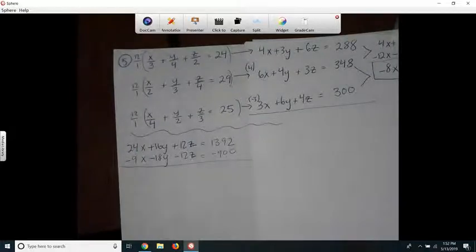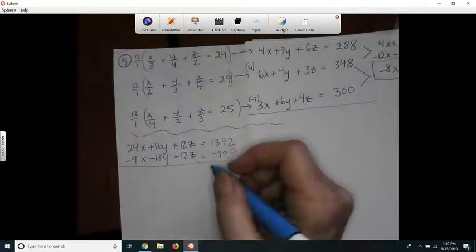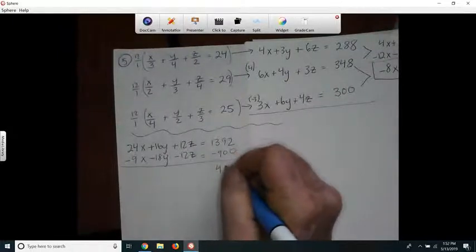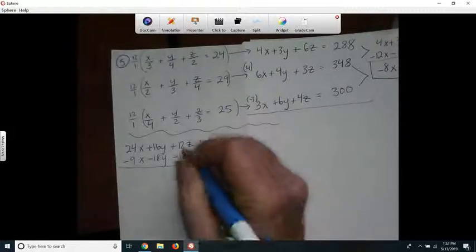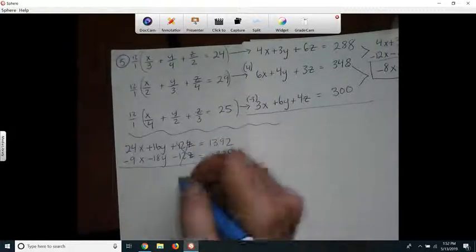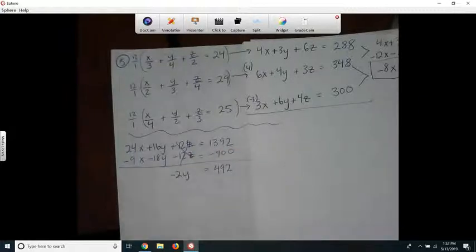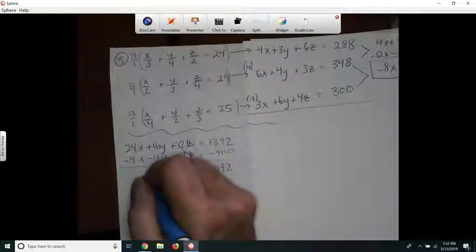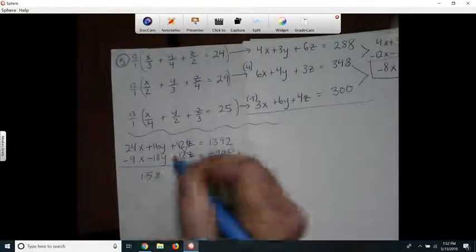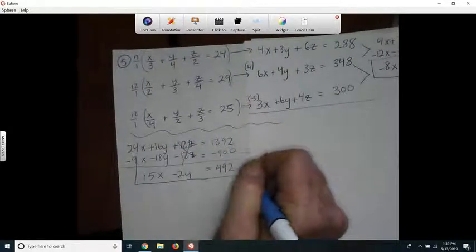Let's find out what 1392 minus 900 is. So I got 492 and negative 2. Hopefully I haven't made any mistakes yet.